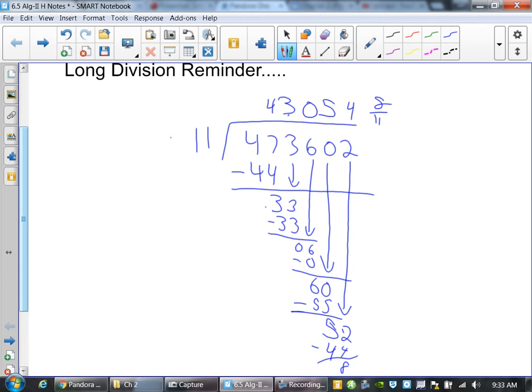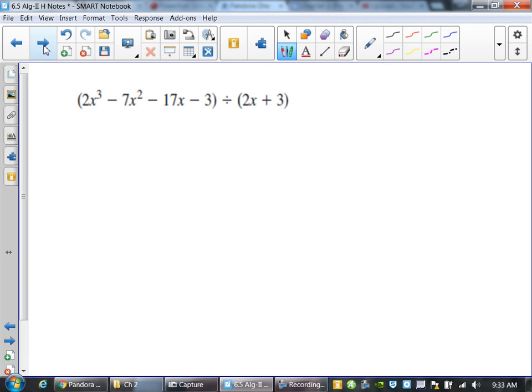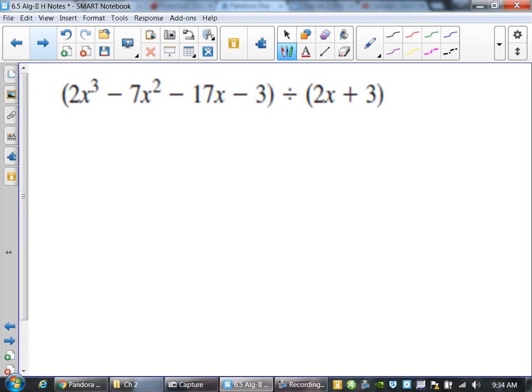Remember, a remainder is just a fractional leftover of what you're dividing by, okay? You guys have all done this, it's just been years. Just division, guys. It wasn't that long ago. But you do the same thing with this.